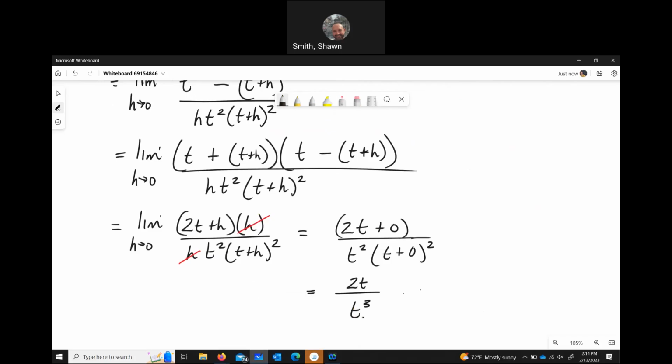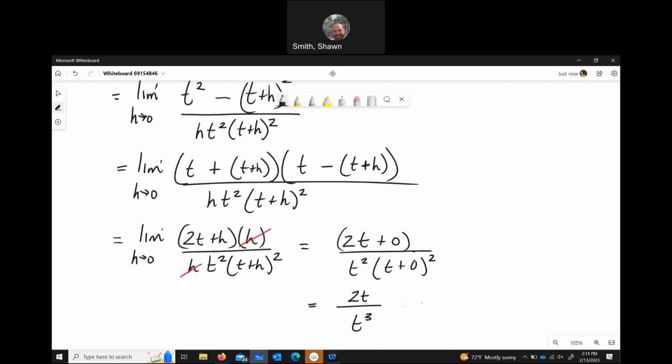I missed something because I know my derivative was supposed to be negative 2 over t cubed. What did I do? Yes, I did probably. The h is negative up here, right? That right there, so at least a -1.